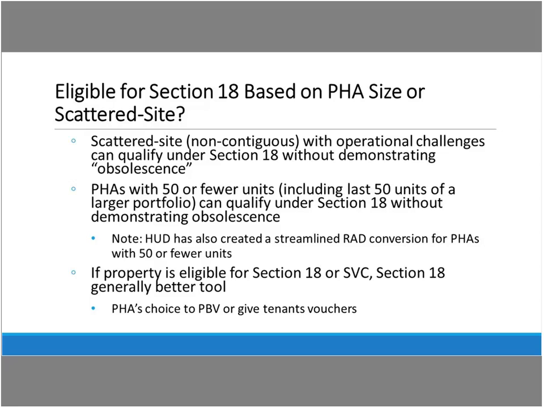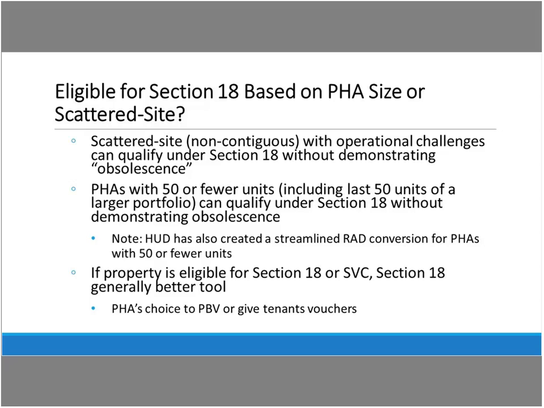It's not where you start. So if you have started with 1,000 units and you do a couple of RAD transactions and sell some scattered sites, and then you're down to a building which has 50 or less units in it, you could take that whole building through Section 18, 50 or less.